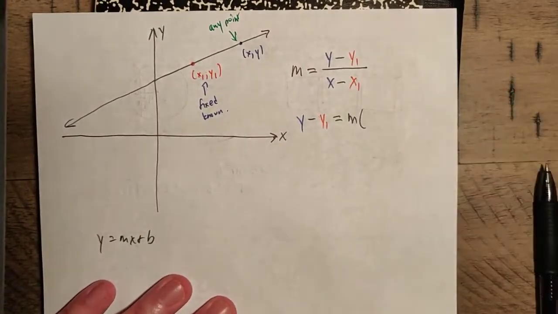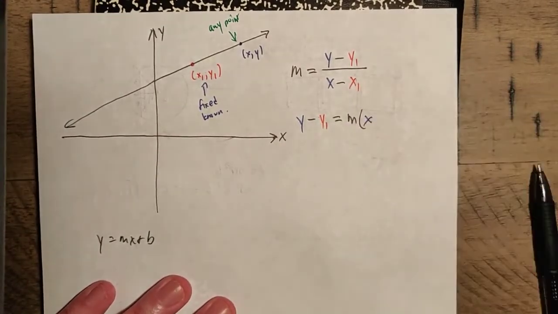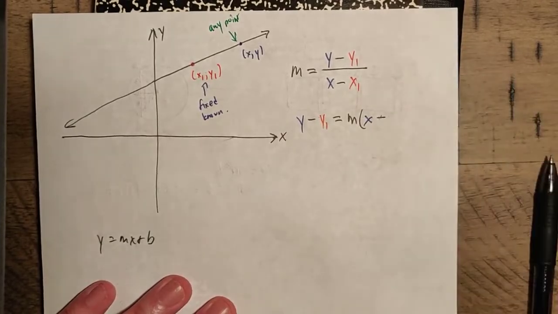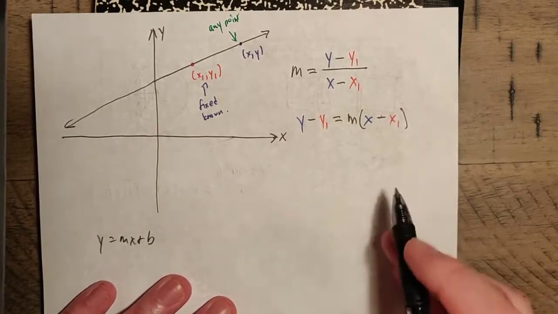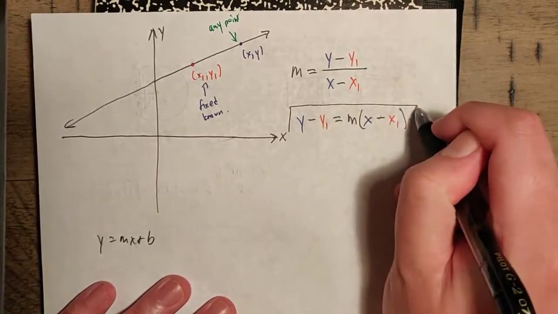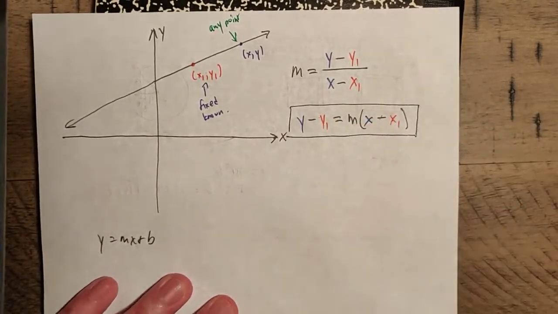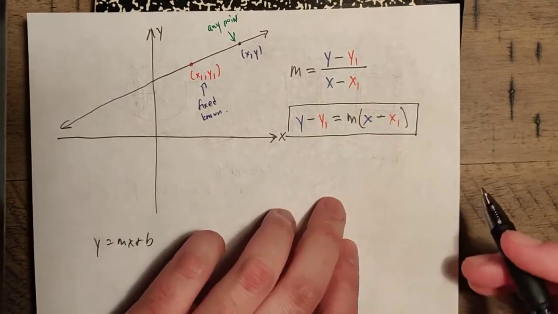And that's going to be times x minus x1. So this is another way to write the equation of a line. We can see that this is a third way to write the equation of a line: y minus y1 equals m times x minus x1.